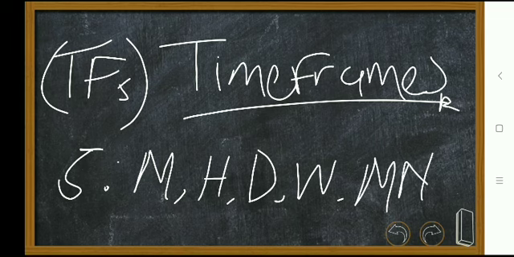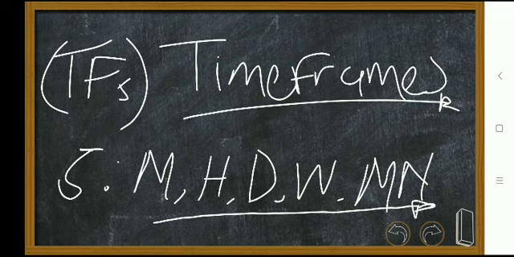There's also yearly. It's rare, but we'll be focusing on these ones because that's what you will usually see when you log into your trading platform, either demo or real.